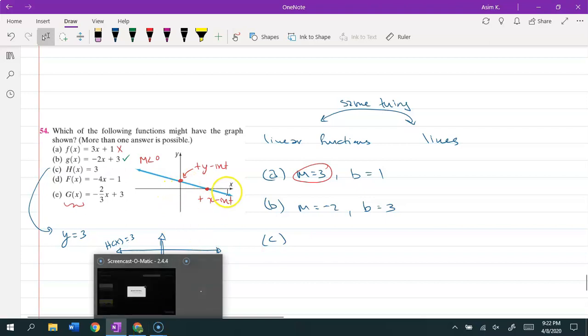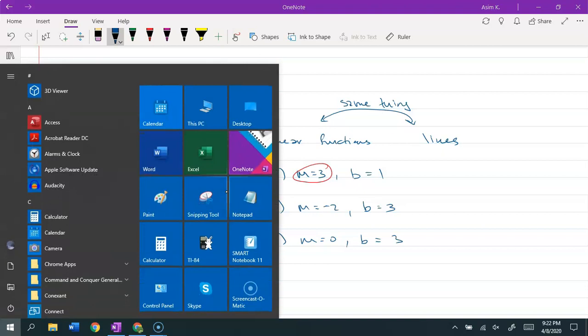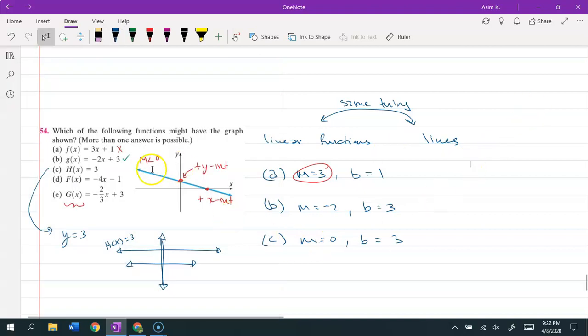And so this has a y-intercept, but its slope is 0, right? So that's not going to work for us. The line that we're looking at clearly has a negative slope. So we're going to cross off letter C. That can't possibly belong to this graph.